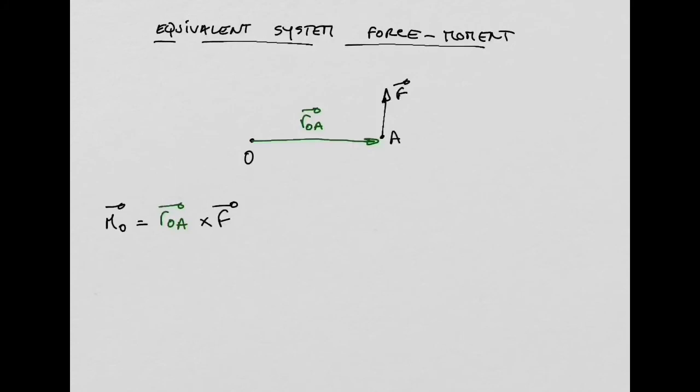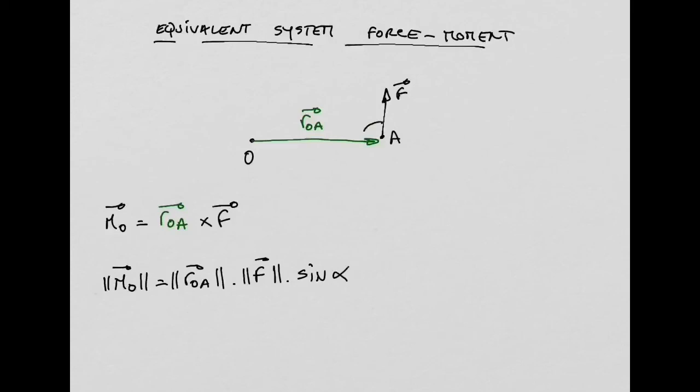Going back to this definition of moment, if I want to calculate the norm, or the magnitude of the moment, it is given by the magnitude of the position vector times the magnitude of the force vector times the sine of the angle between the two vectors.